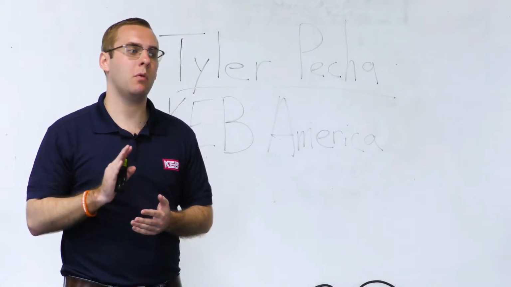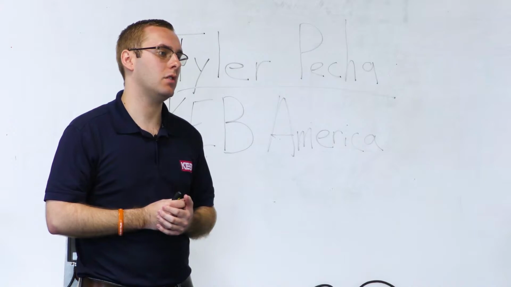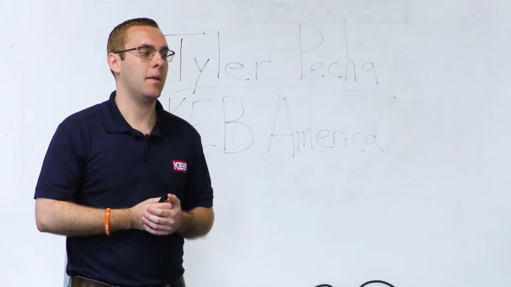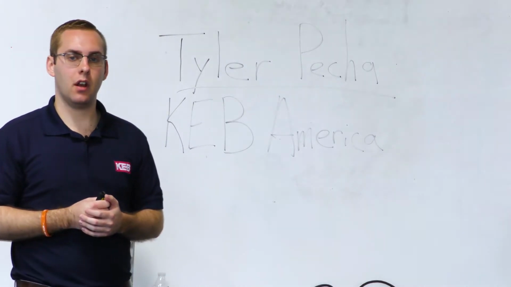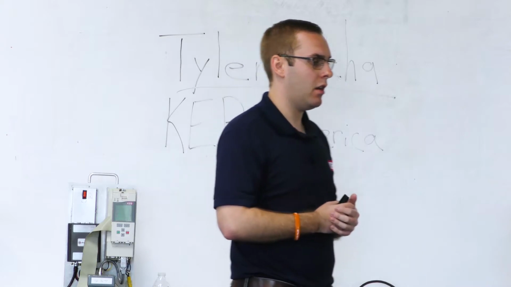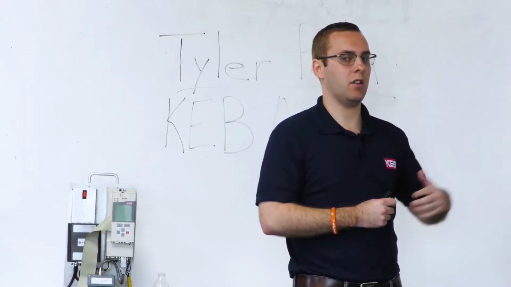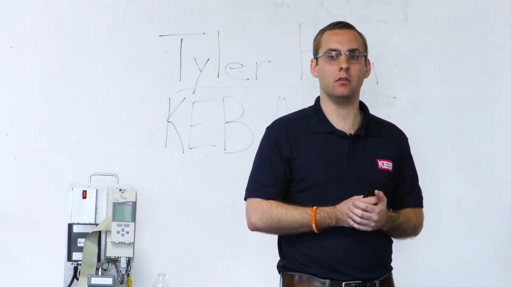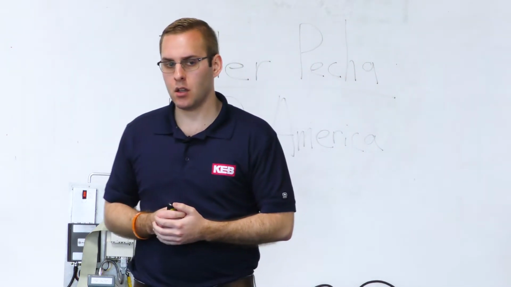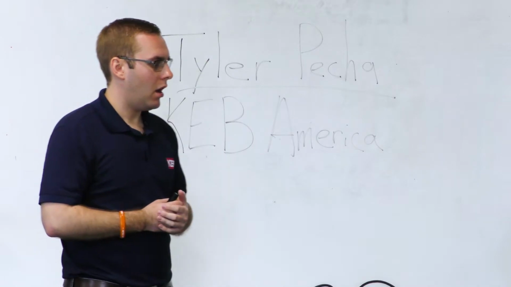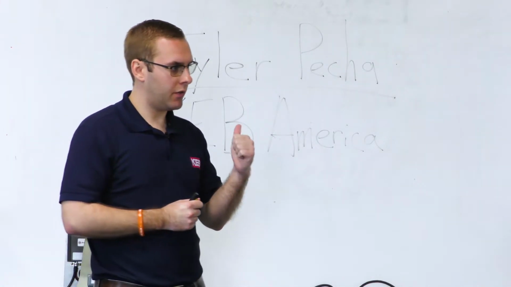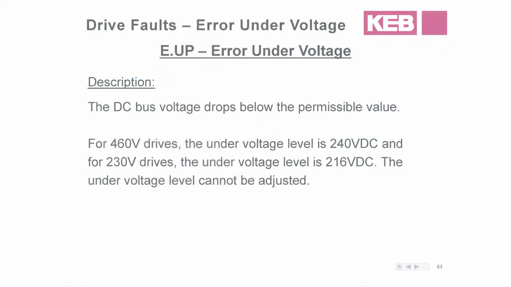It seemed to be right when we were rolling over from XL into constant speed that we'd get this E.OP. Again, we looked at the resistor, we looked at incoming power, everything was fine, and we just followed it back to the motor, no ground wire connected. Hooked it up, problem went away. So noise can be a cause of this. Grounding, as a whole, is very important, but specifically for this one, that could be the cause.